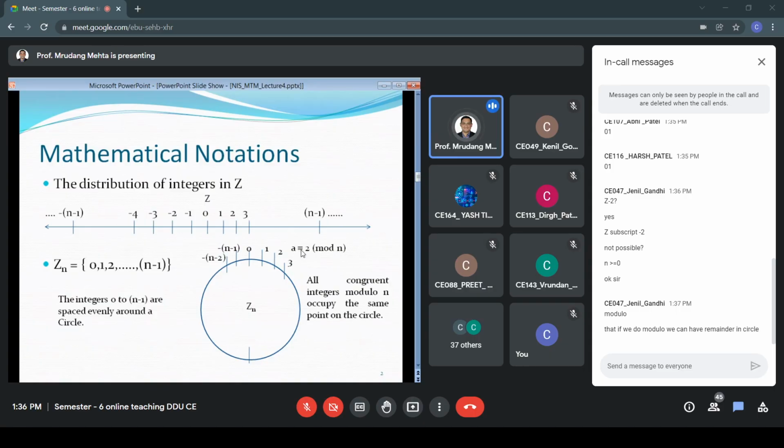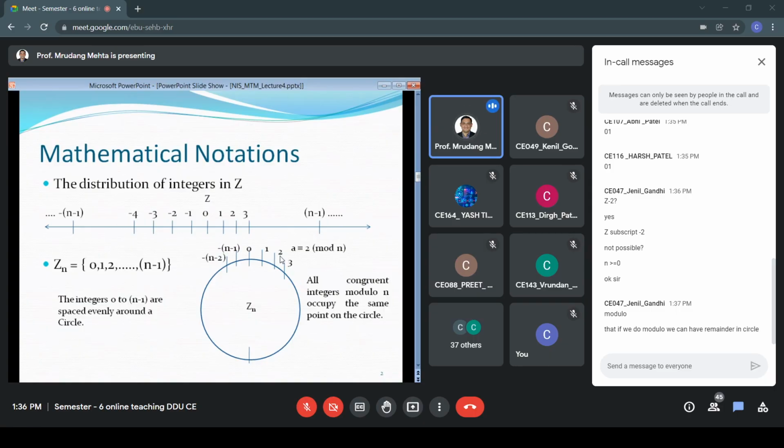This sign is not an equal sign. Please look closely, it is the congruent sign. So A congruent to B mod n. All congruent integers modulo n occupy the same point on the circle.